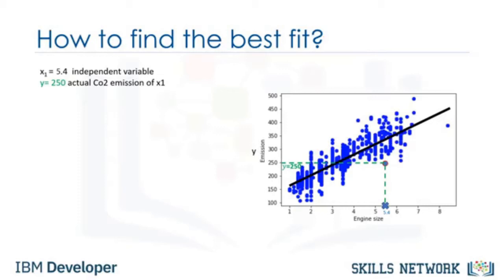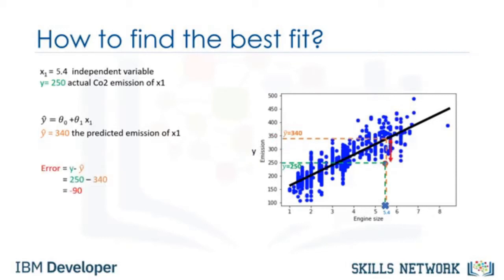If we use the fit line, or better to say, using our polynomial with known parameters to predict the CO2 emission, it will return y hat equals 340. Now, if you compare the actual value of the emission of the car with what we've predicted using our model, you will find out that we have a 90 unit error. This means our prediction line is not accurate.